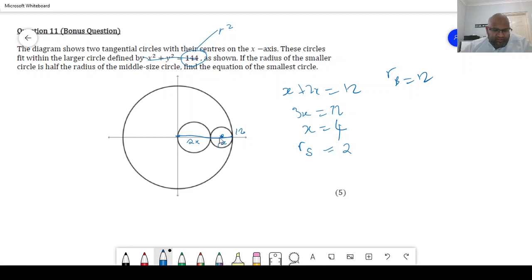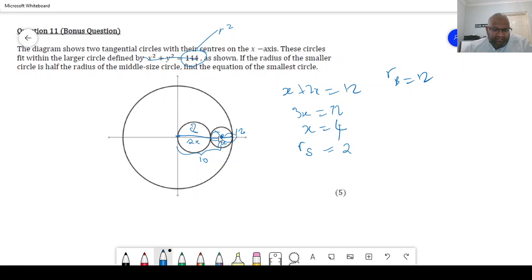So if that is going to be 2, okay, then from the point 0 till the center of that circle is going to have to be 10. Why? Because at this part is 2, that is 2, which is 4, and that is 8 here, as you can see here.